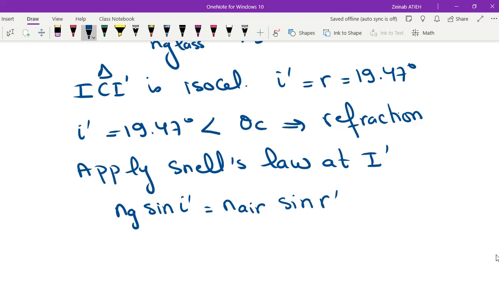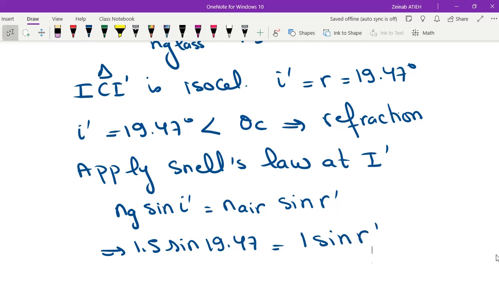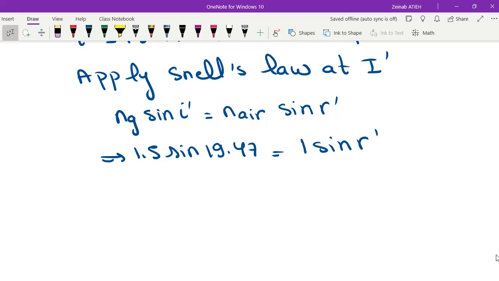Now for the glass, it's 1.5 sine 19.47 equals 1 sine R prime. Calculate, and you will get R prime equals 30 degrees.